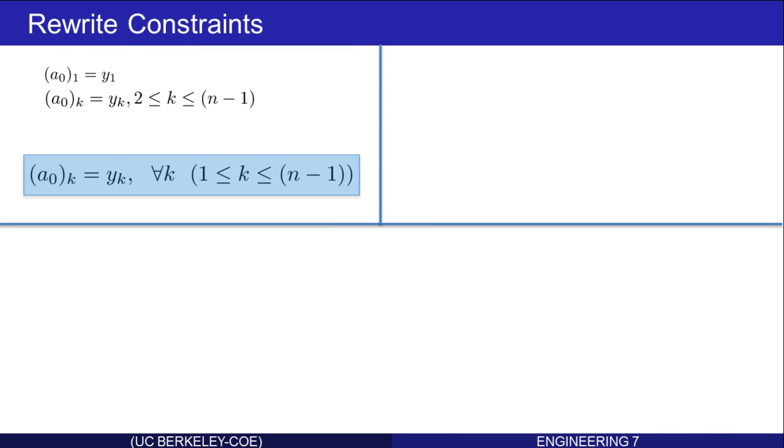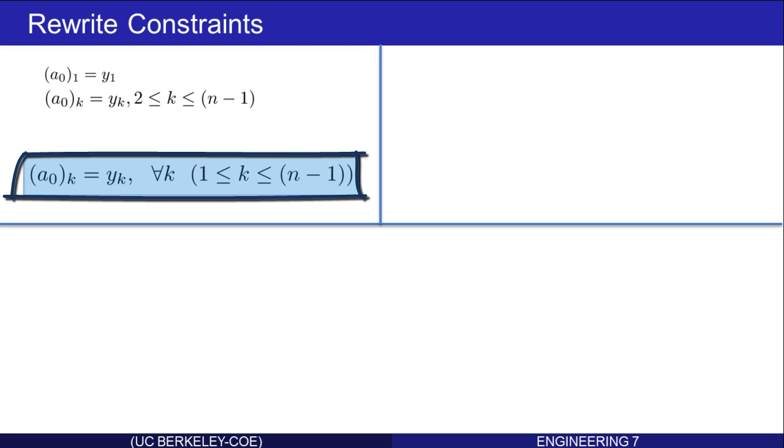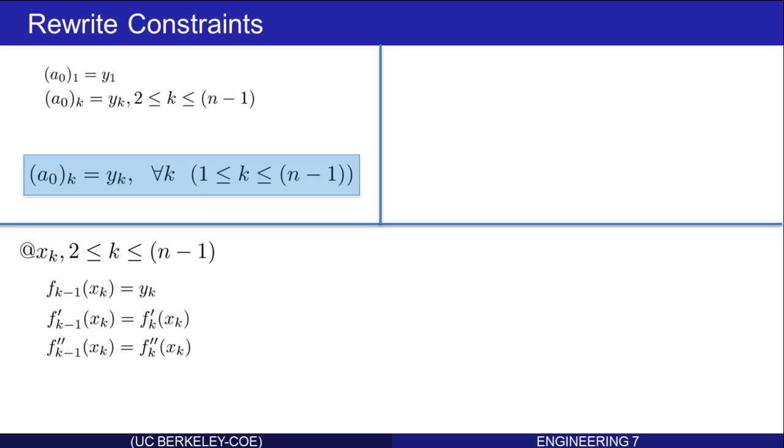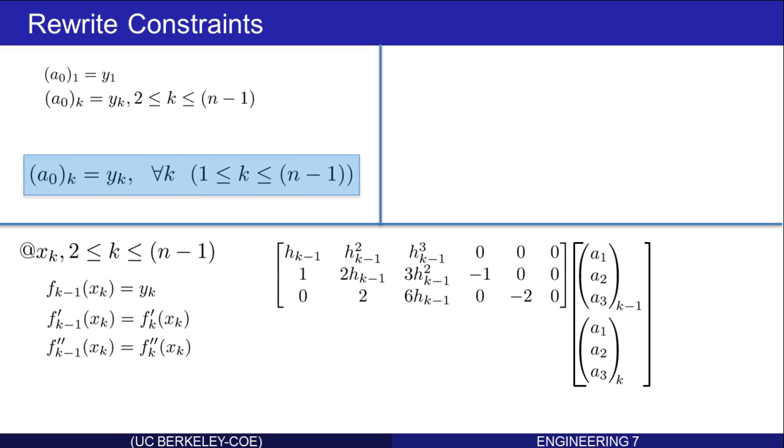This is all being enabled by the fact that we've solved for all the A0 terms. A0k equals yk for k equal 1 to n minus 1. Making those substitutions and then writing down the 3 remaining equations at each intermediate point gives this 3 equation, 6 unknown set of constraints.